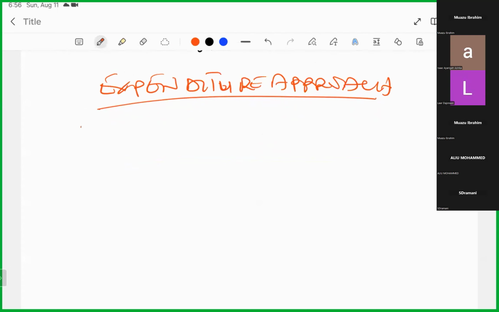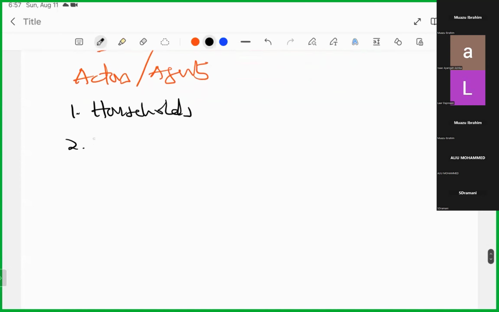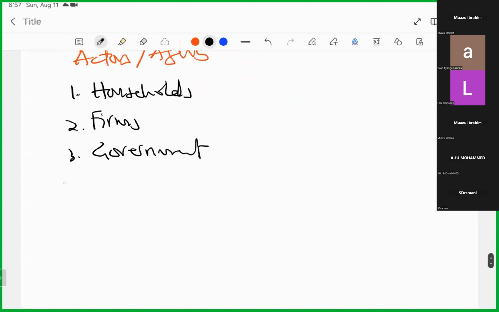In terms of the agents, we are looking at, one, the households. We are also looking at firms. We are looking at the government. And then finally, we are looking at the external sector.